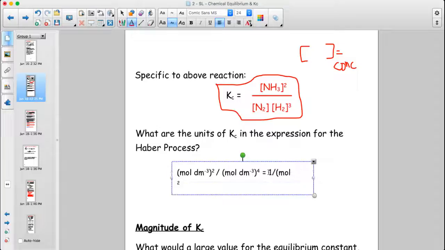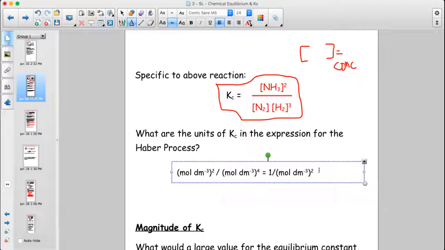So it's going to be 1 over mole per dm cubed squared as the overall units. If you want to rewrite that, it could be mole per dm cubed to the minus 2.